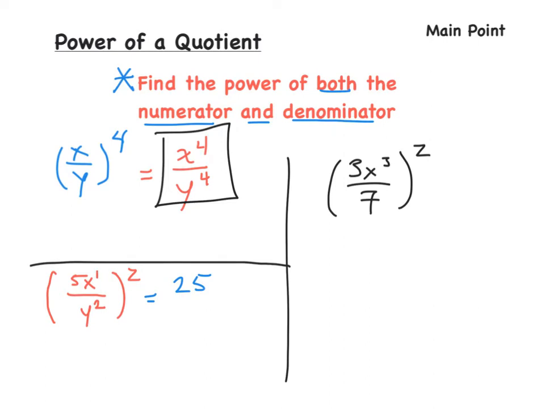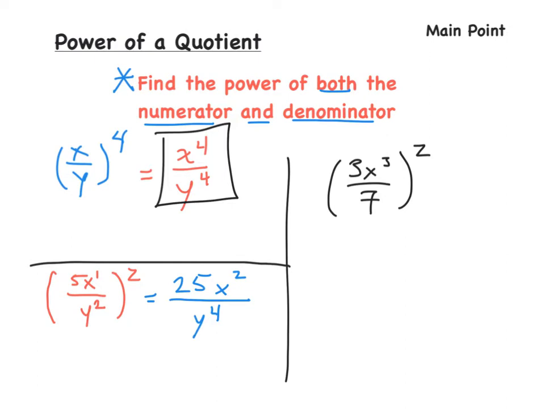So that would be x to the 2nd, all over y to the 2nd raised to the 2nd power. Remember previously we have to multiply these. So this would be y to the 4th. And this would be your final answer.